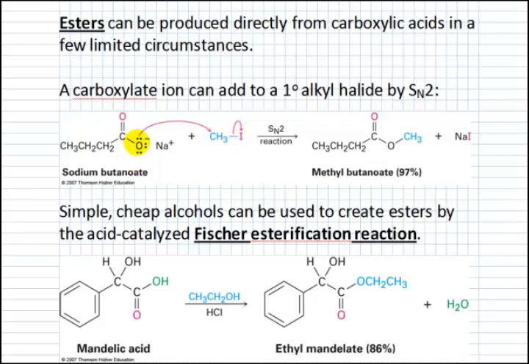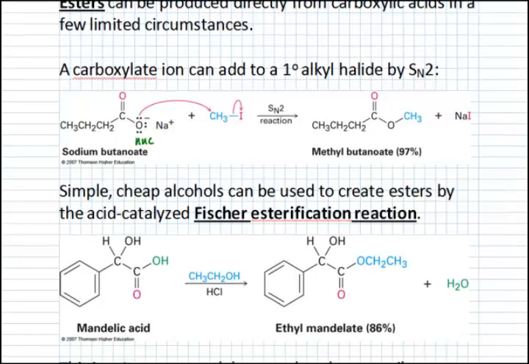A carboxylate is a fairly good nucleophile, and as long as our alkyl halide is primary, we should have no problem displacing it to make ester. So that allows us to make esters with an alkyl group here as long as there's no other substitution on that first carbon.